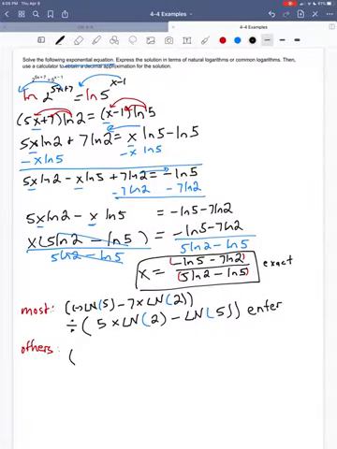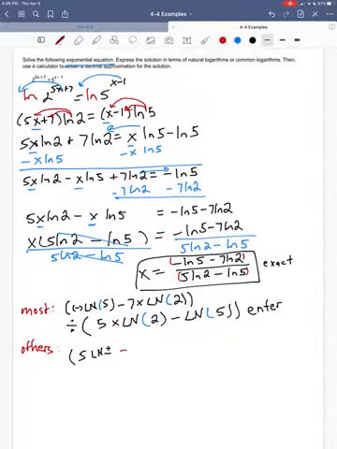So 5, natural log. Your calculator now puts the natural log of 5 in your display, and then I hit the plus or minus button. That changes it to a negative number. So I've done this part so far. Now I need to do minus 7 times the natural log of 2.